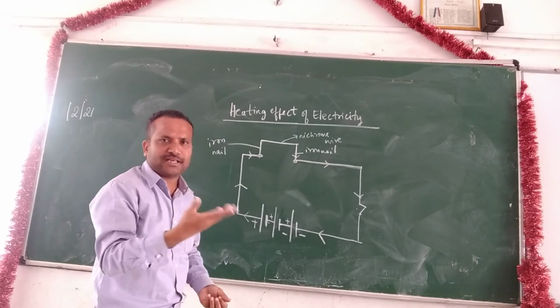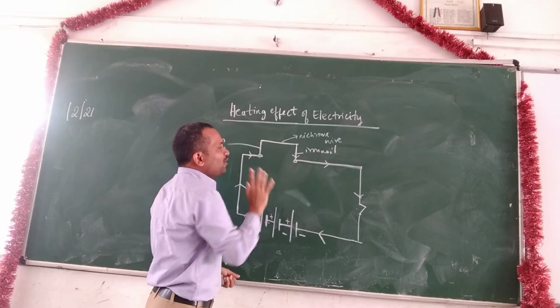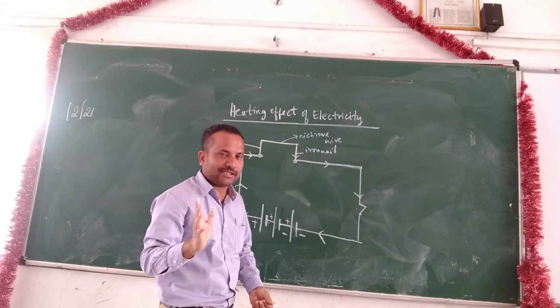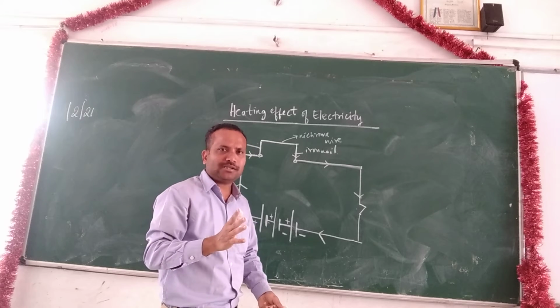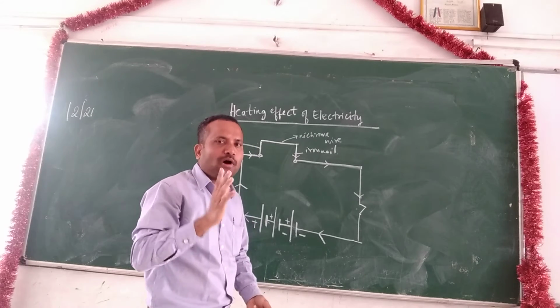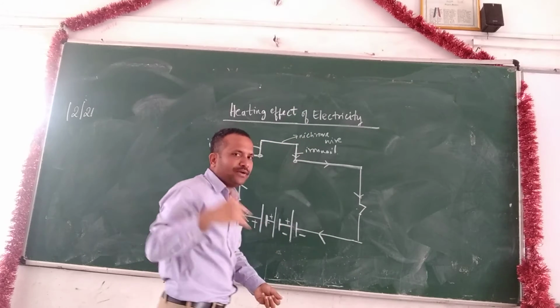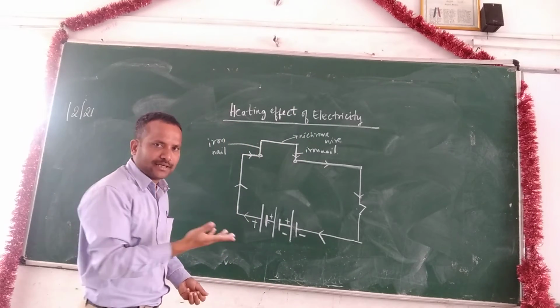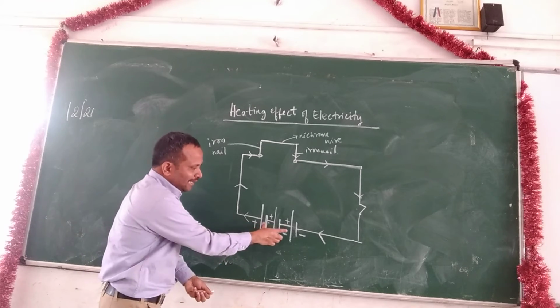After 5 to 10 minutes, people can see that this nichrome wire has become hot. Why has it become hot? It has become hot because of the effect of electricity. We have a source of electricity here: 3 cells I have taken.